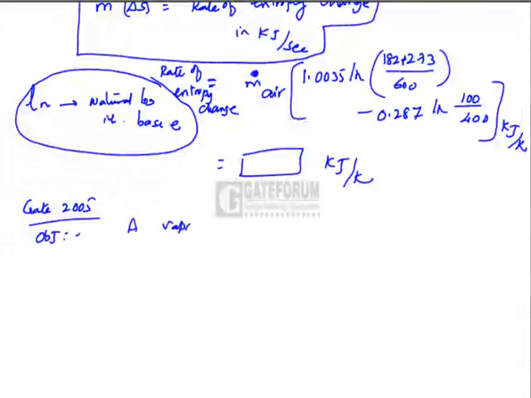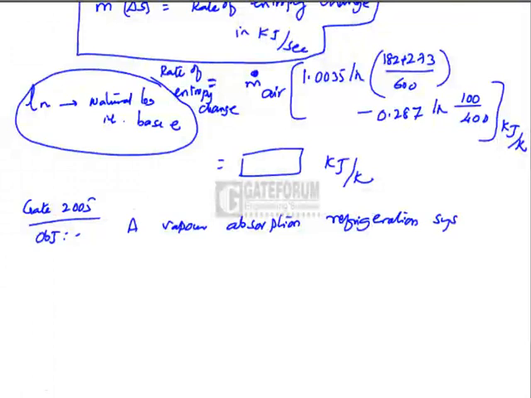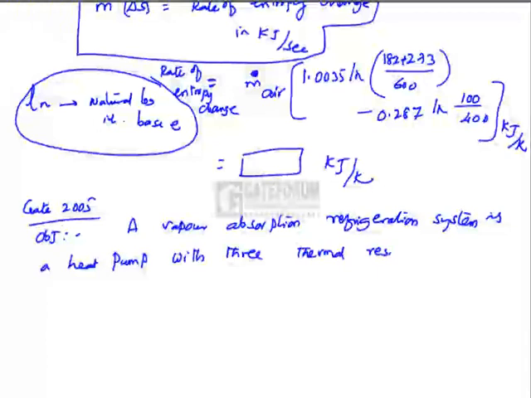A vapor absorption refrigeration system is a heat pump with 3 thermal reservoirs as shown in the figure.